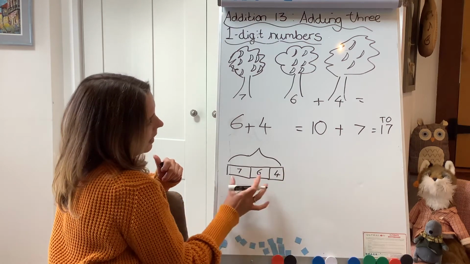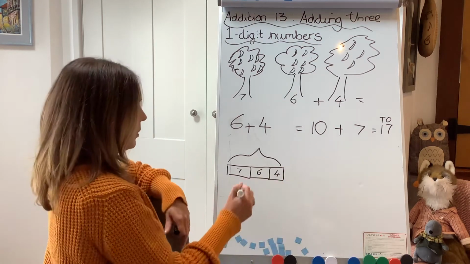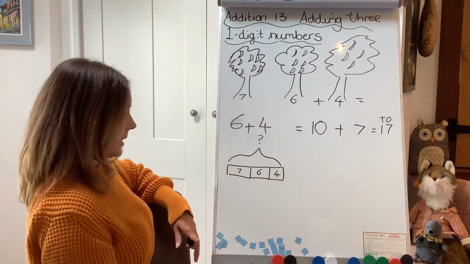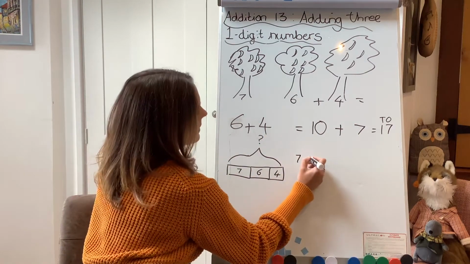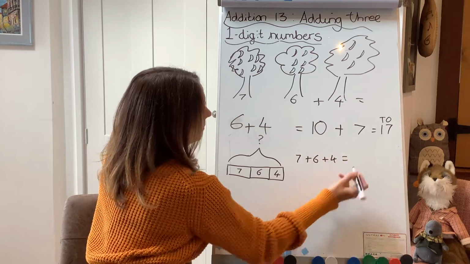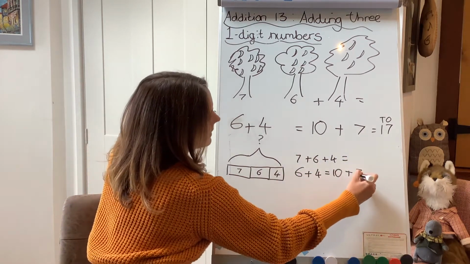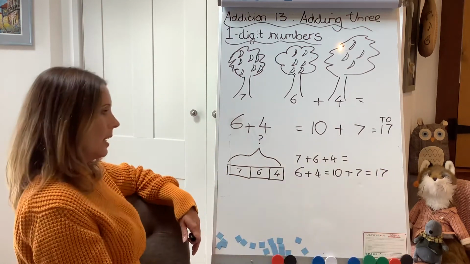So 7's slightly bigger than 6, and 4's the smallest bar. Question mark. I've got the brace to show the bit we're trying to find out. I'm doing 7 add 6 add 4. And I can work out, I'm doing 6 add 4 is equal to 10, add 7 is equal to 17.